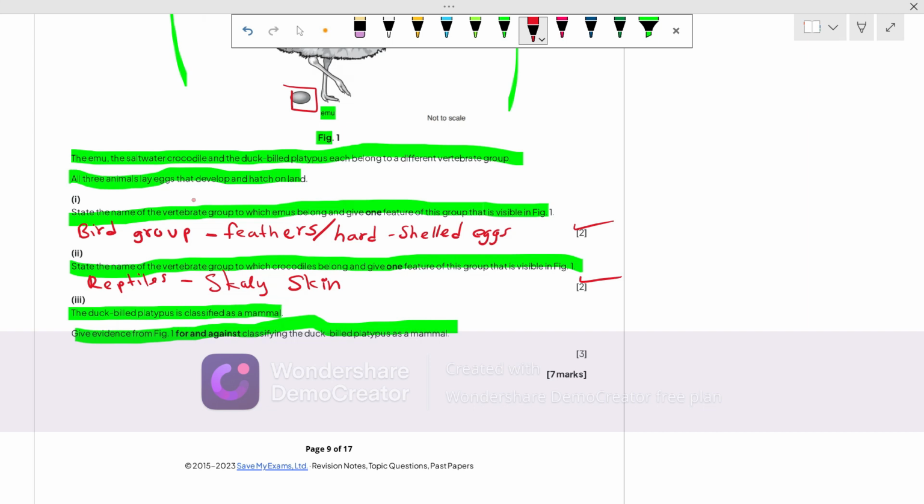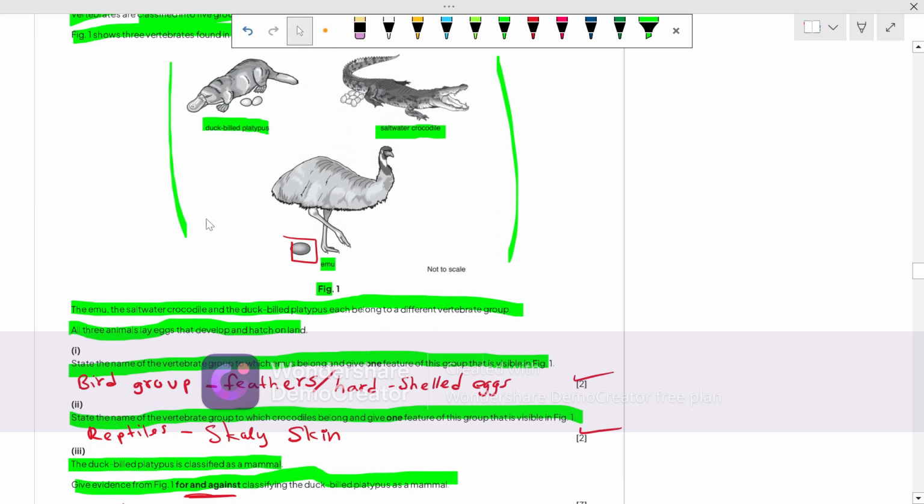The duck-billed platypus is classified as a mammal. Give evidence from figure 1 for and against classifying the duck-billed platypus as a mammal. So evidence for being a mammal: as you can see, it has hair or fur.